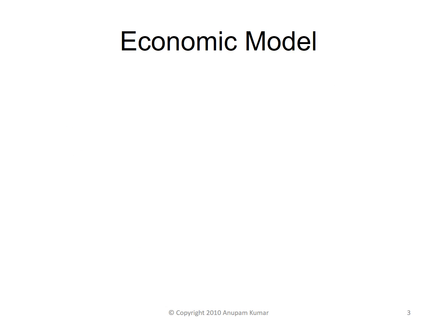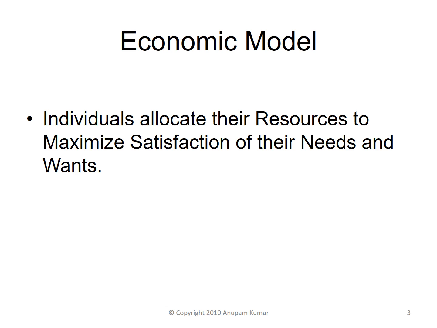The economic model states that individuals allocate their resources to maximize satisfaction of their needs and wants. Yes, it's a simple statement, and this is the complete economic model. Let us have a look at the model once again.